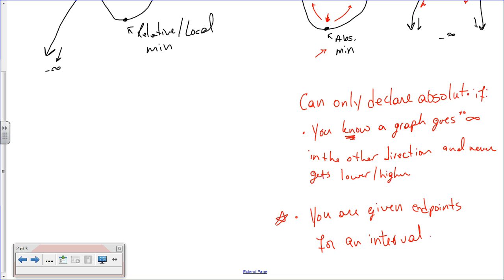So if they give you an interval, say from negative 1 to 2, you can declare an absolute min or max over that interval, because they only want from negative 1 to 2. All right? Let's solve a problem to make some of this seem a little easier.